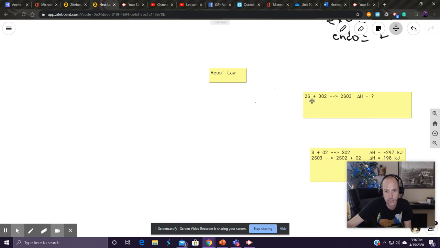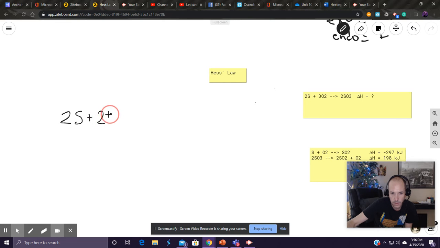First of all, we want to figure out how we make this using this. All right, so this one looks like this one, except it's missing a 2. So let's add a 2 in there and rewrite the equation: 2S plus, and we're multiplying everything in here by 2, 2O2 yields 2SO2.